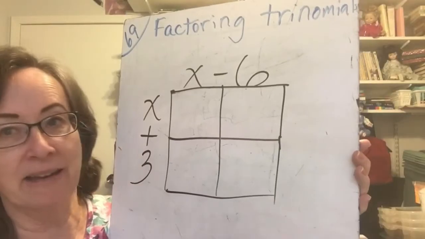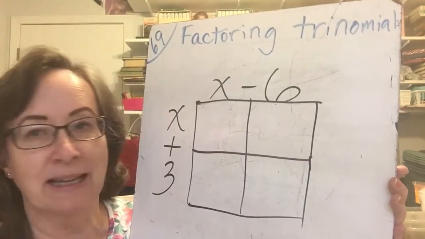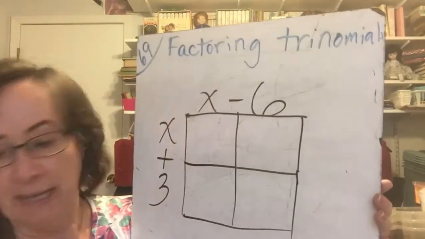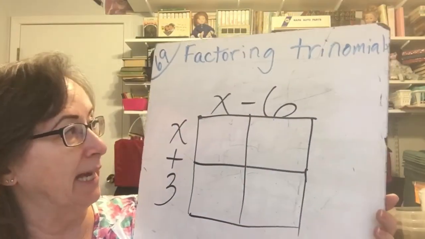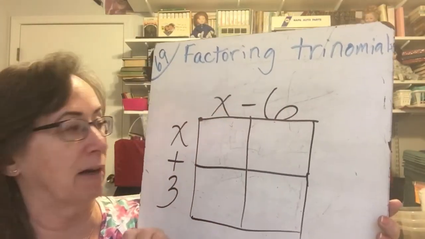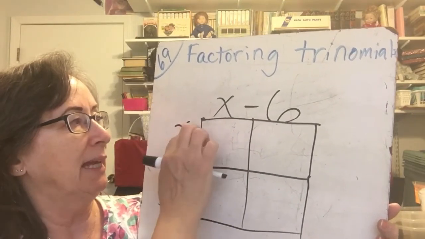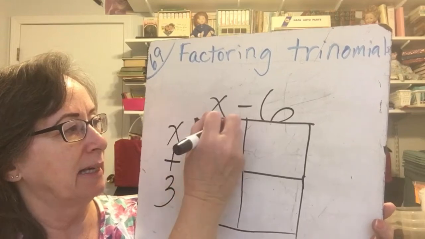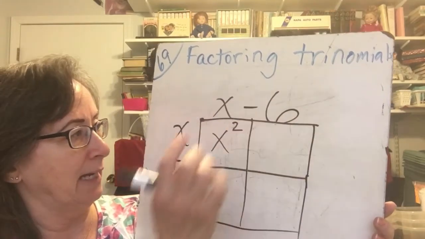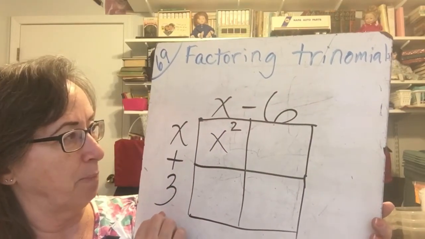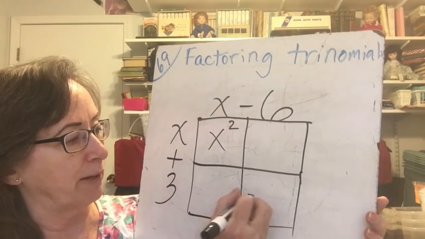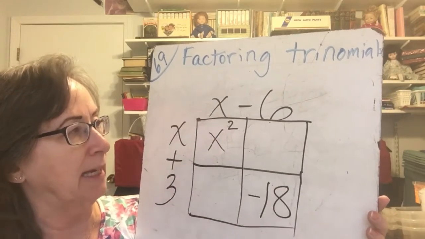This is another format that I've seen in many math books. This is the same problem we just did, where we wrote x minus 6 across the top, x plus 3 across the bottom, and then x times x is x squared, and negative 6 and a positive 3 multiplied together gives me a negative 18.